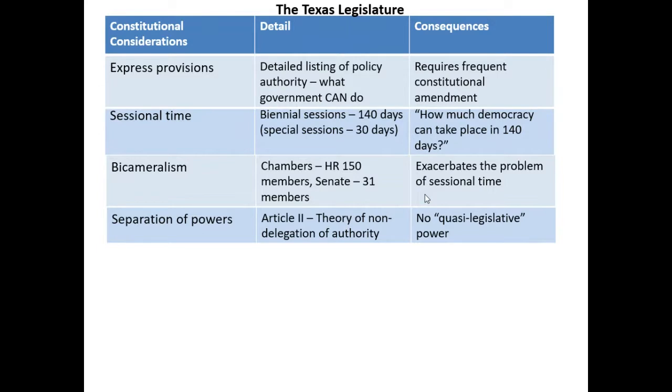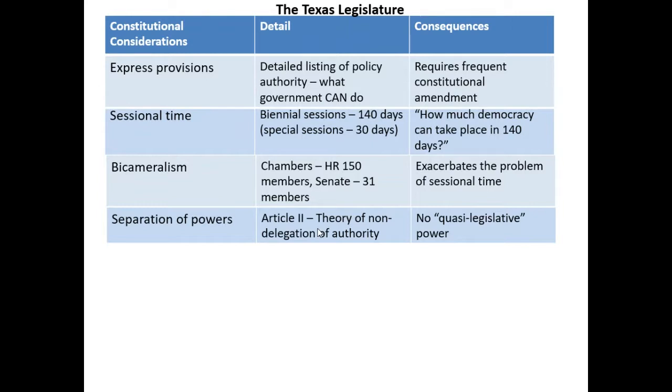The Texas Constitution has a specific statement of separation of powers. It's Article 2 of the Texas Constitution, and ironically, one of the shortest articles. It says that there shall be 3 separate branches of government, to which are assigned the legislative powers to one, the executive powers to another, and the judicial powers to a third.